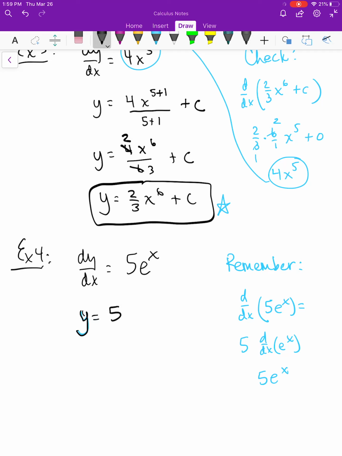And so my y here is going to be equal to 5e to the x plus some constant.